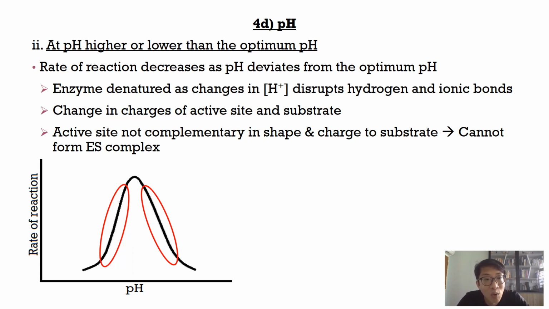So besides the loss of a complementary shape, there may also be a loss of complementary charges. Together, this will prevent the binding of the substrate to the active site, and therefore lower the rate of enzyme-substrate complex formation, lowering the rate of reaction.